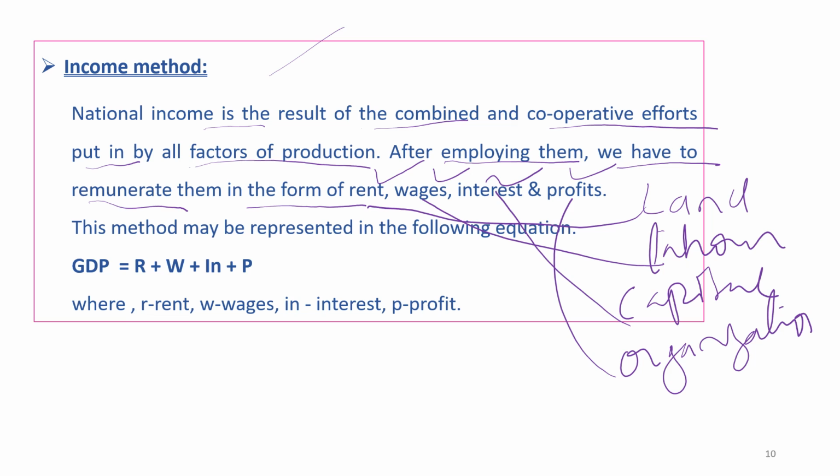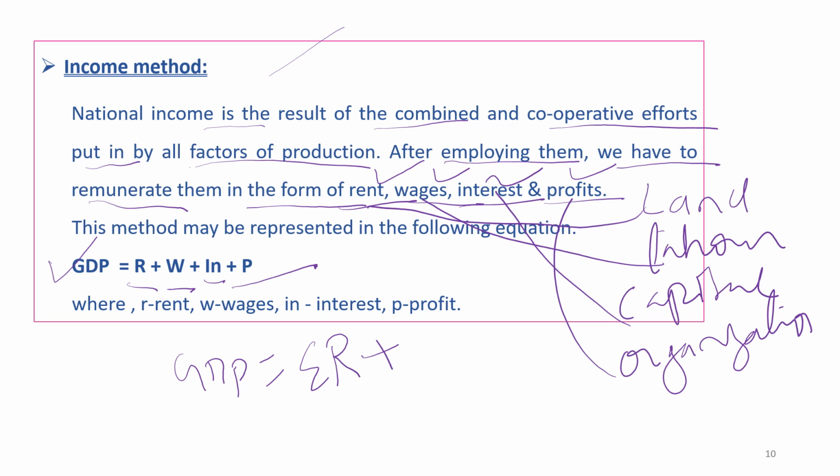In this method, we denote rent by R, wages by W, interest by IN, and profit by P. If we add all the revenue that all the factors of production received together, then you will get GDP. How to calculate this? GDP is equal to the summation of R. Rent, there are so many landlords who will receive rent.